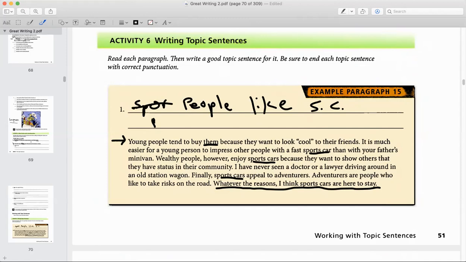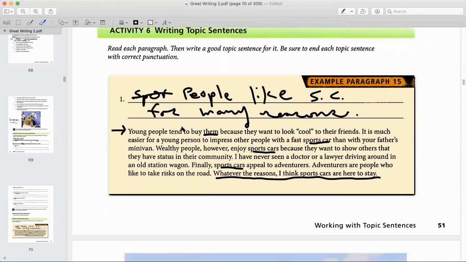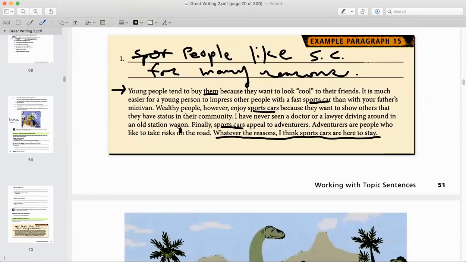People like sports cars for many, I'm going to write in cursive here to be a little bit easier, reasons. Hope you can read that. It's kind of ugly. Okay, so: people like sports cars for many reasons. Or people buy sports cars for many reasons. That's just one example. There are several possibilities here. So you write the one that works best for you.